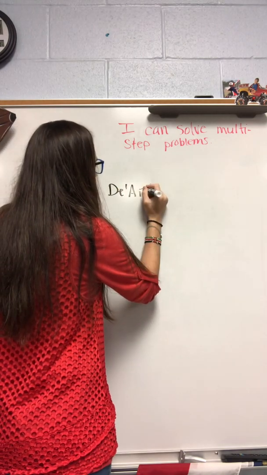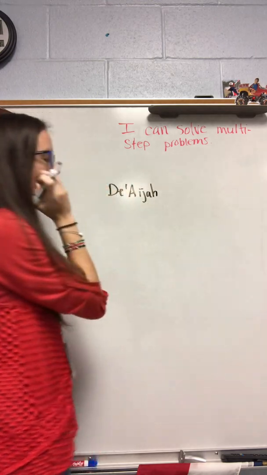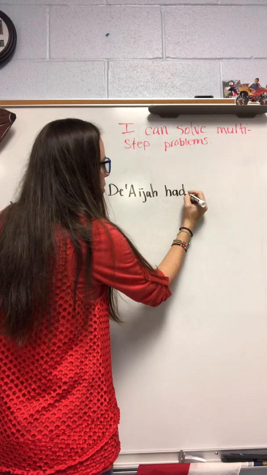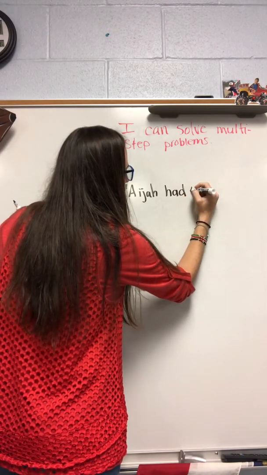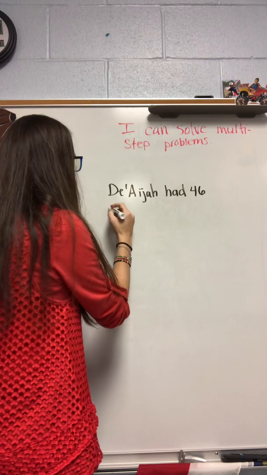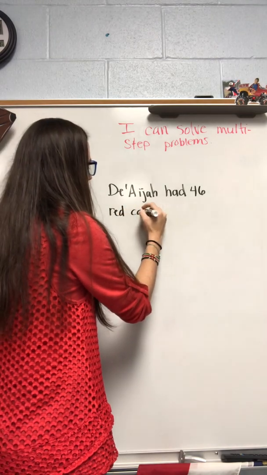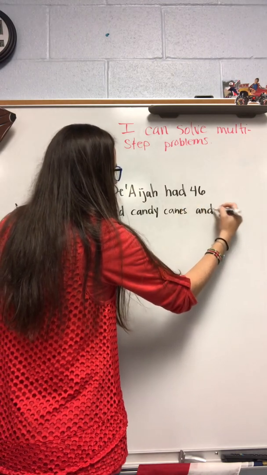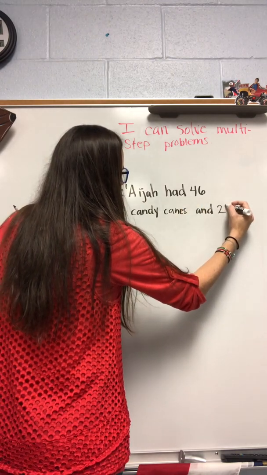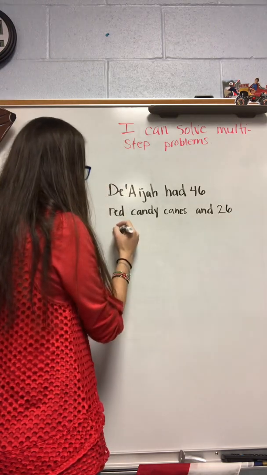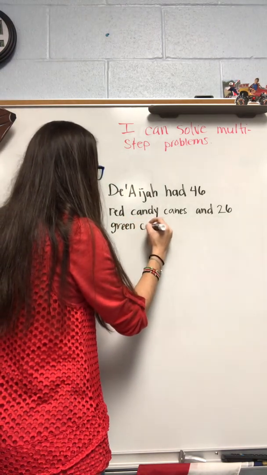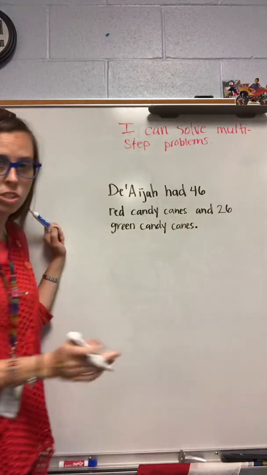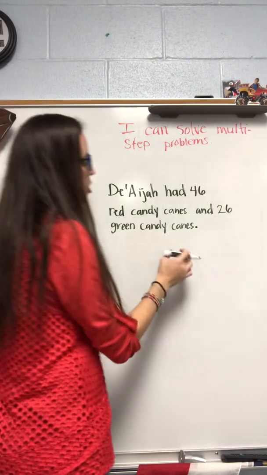DeAsia had, let me say, 46 red candy canes. That's an easy one. And 26 green candy canes. Okay, so she's got quite a few candy canes so far.